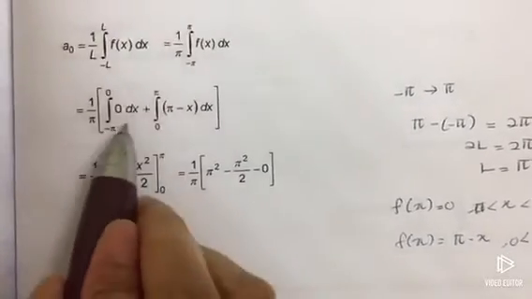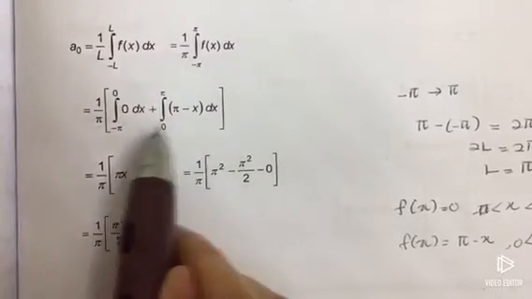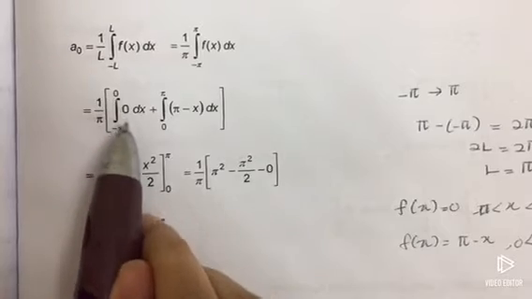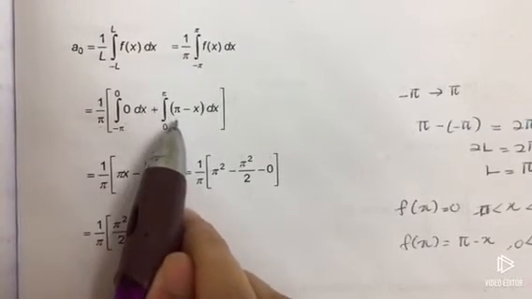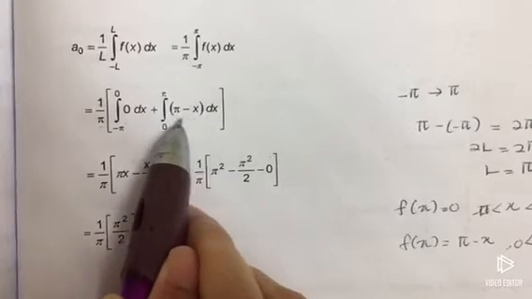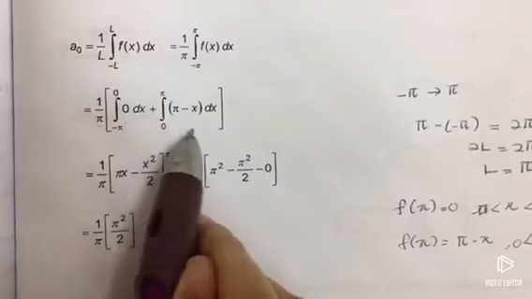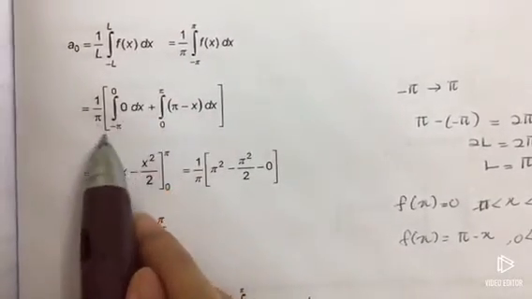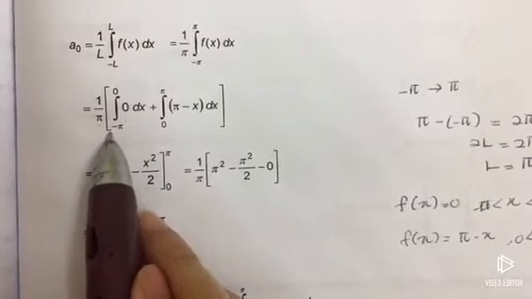So we need to split this f(x) into two integrals. From negative pi to 0, f(x) equals 0. From 0 to pi, f(x) equals pi minus x. So we need to integrate separately. This first value we will get 0 because 0 times dx is equal to 0.